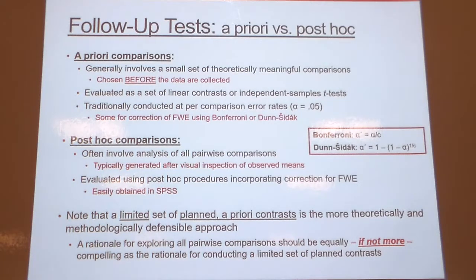We might go through and correct for this, but the idea is that by convention we don't have to. We're not obligated to correct for these because we called our shots beforehand, right? We said before we even collected the data, these are the things that I'm expecting to do, these are the contrasts that are important and meaningful, and so I'm going to test these. Now, if we're doing post hoc stuff, this often is exploratory.